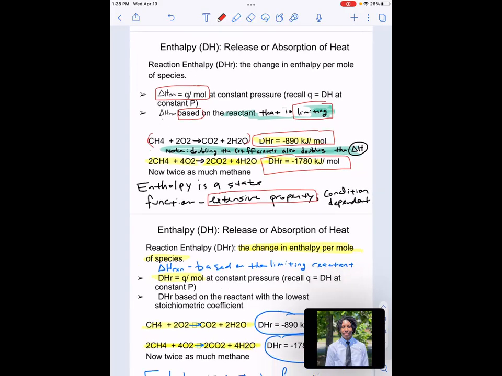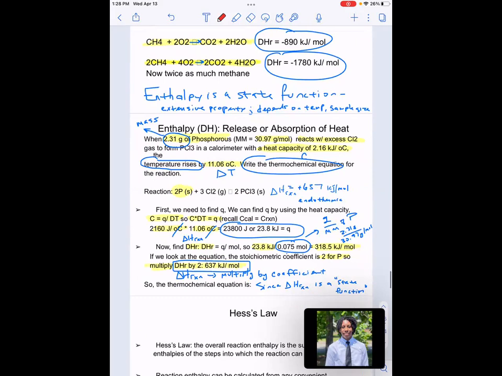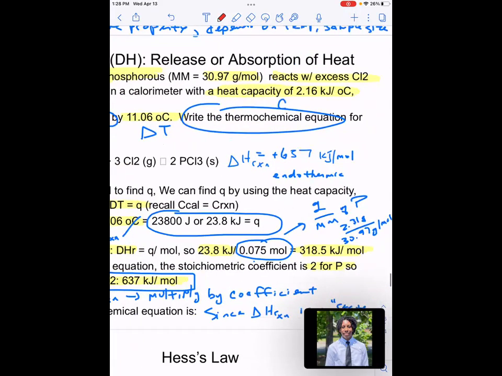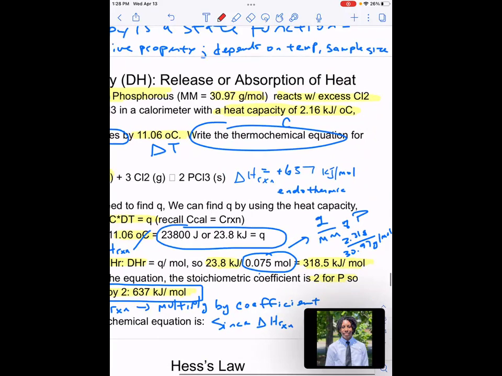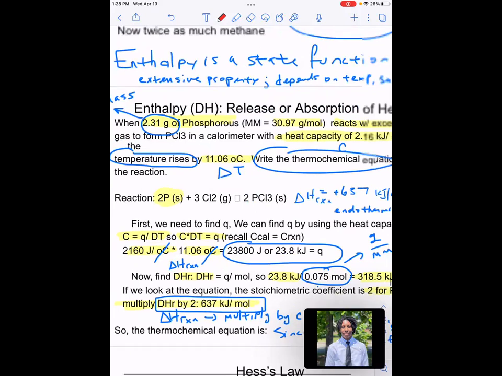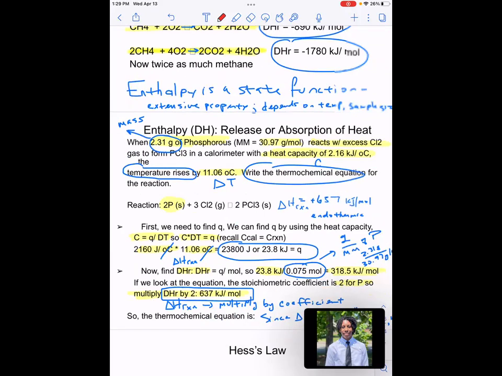All right, let's go to here. Right, so here, this is an enthalpy problem, and this is the balanced equation.